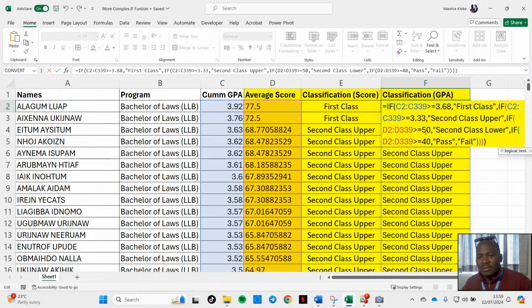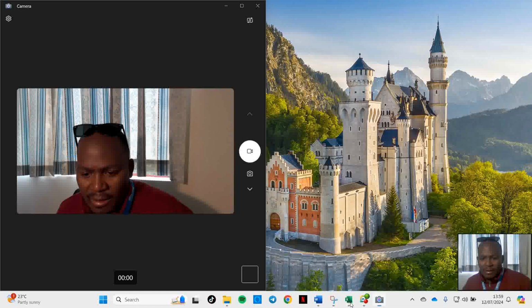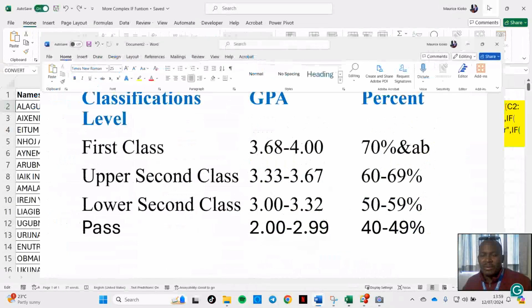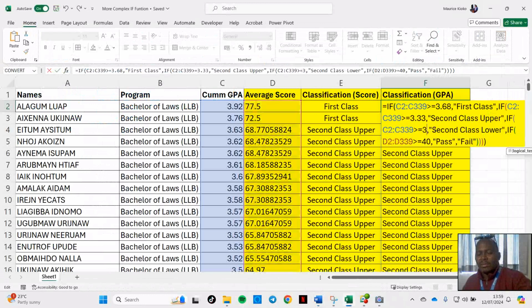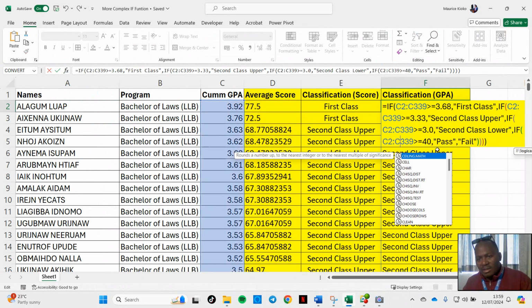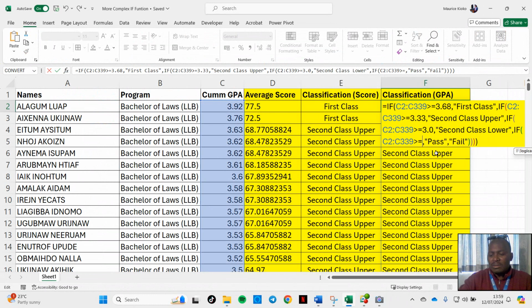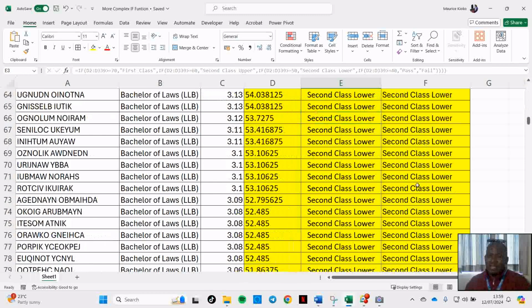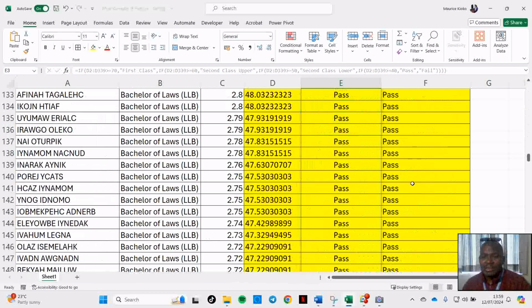Then here C2 to C, and here we say 3.0, and there's this one C2 to C, and here we say 2.0, and see whether it works. Yeah, are they the same? They're actually the same. You can see they are the same.